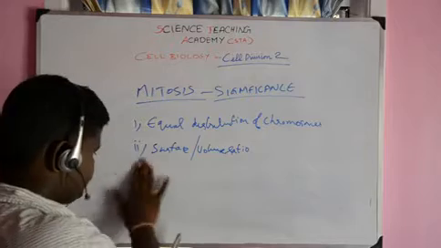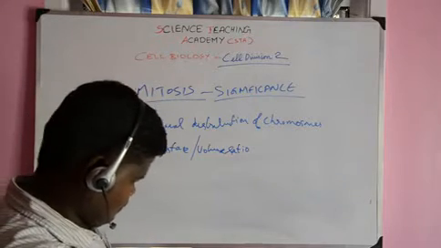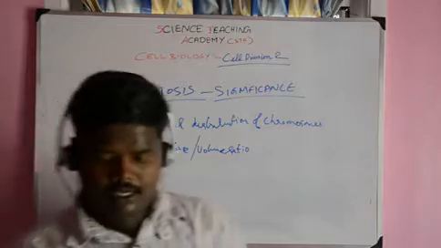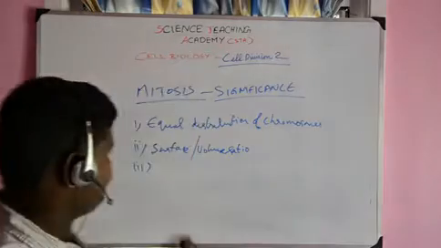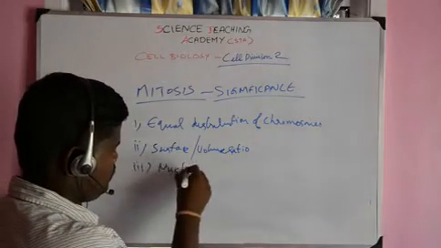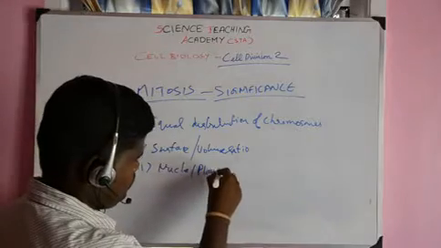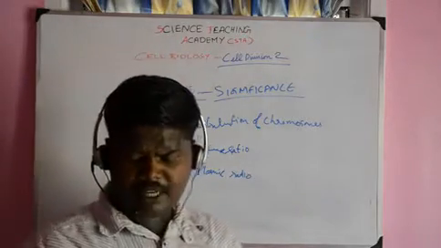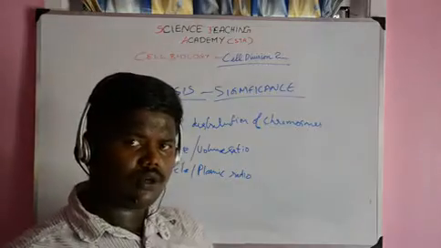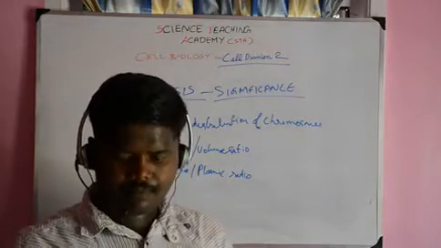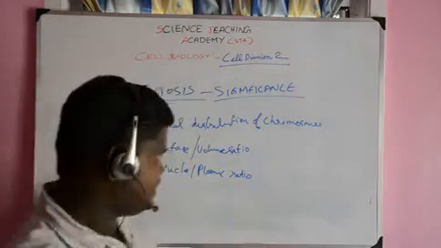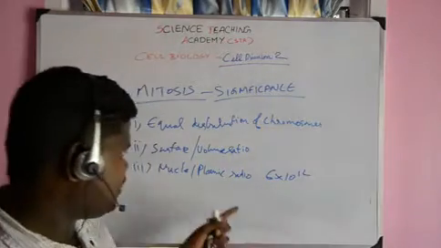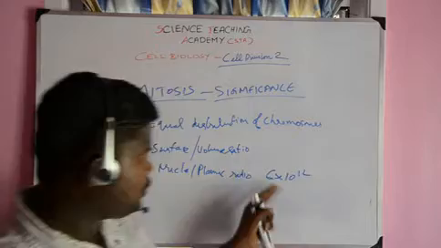The third thing I mean to say is the nucleoplasmic ratio. The growth takes place for the entire cell. The body contains 6 trillion cells, I have said. So whatever genetic material I have, it should spread to these many cells.